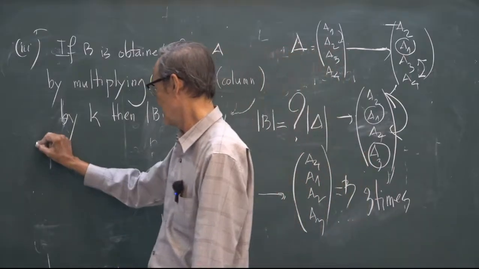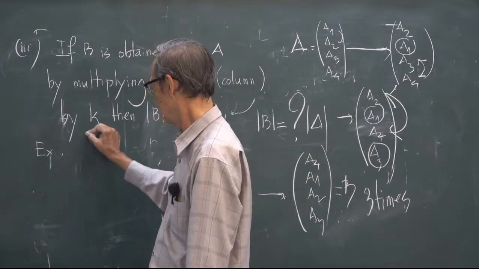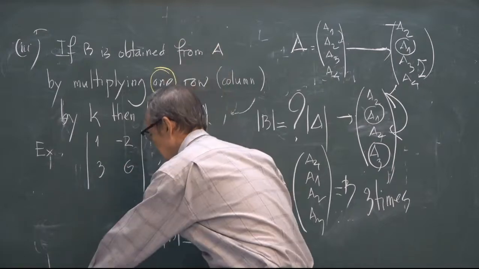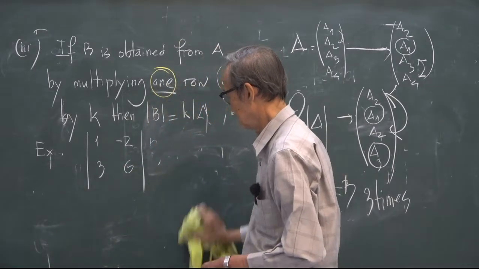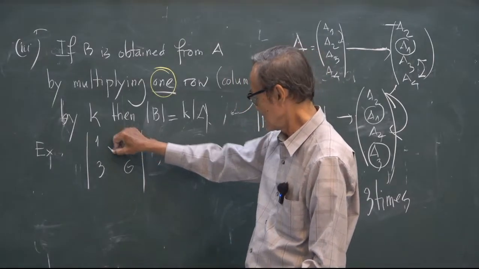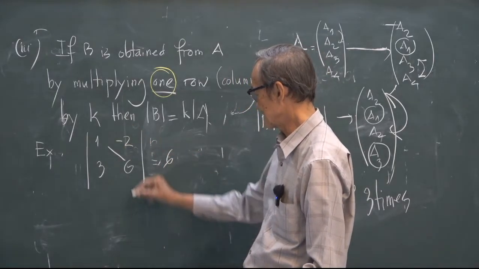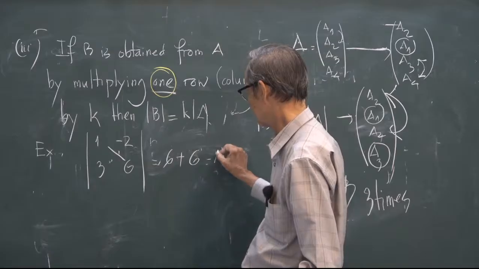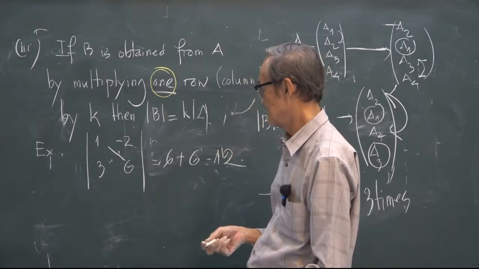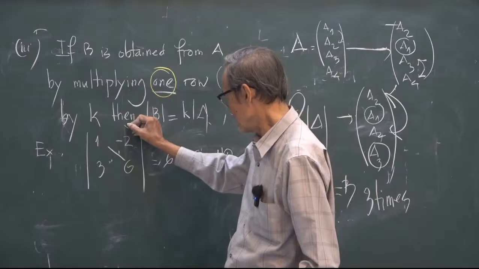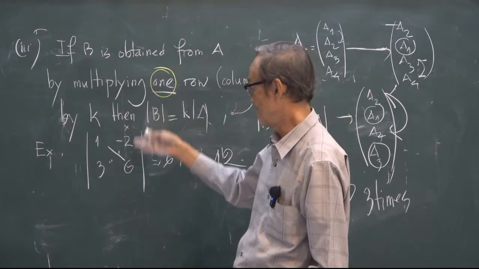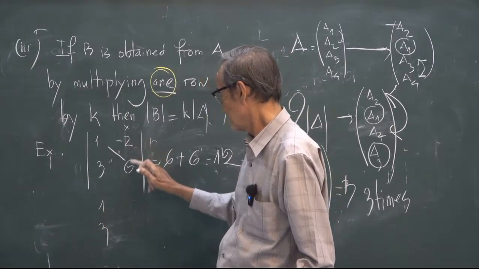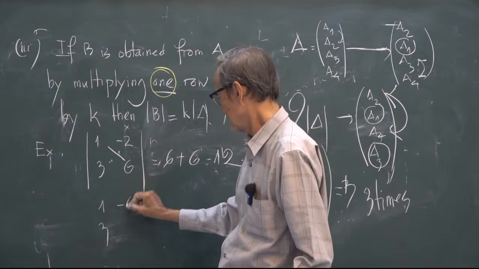Multiplying 1. For example, the main diagonal 6 minus of minus plus 6 back. Now we multiply the second column by 3, for example. 3 of this, 3 of this.